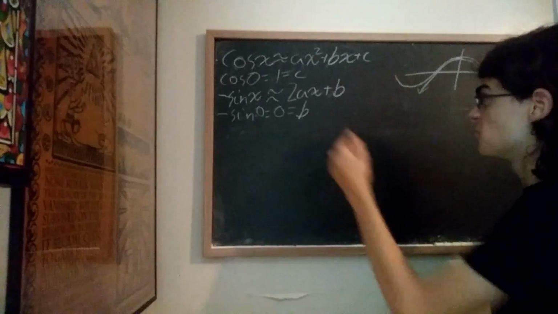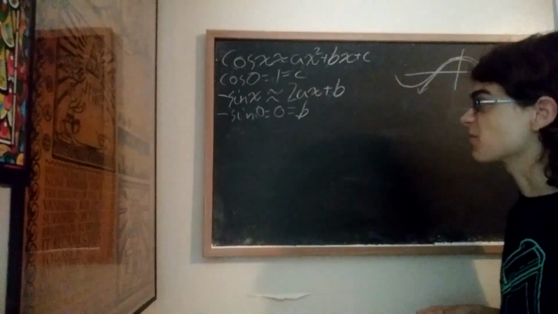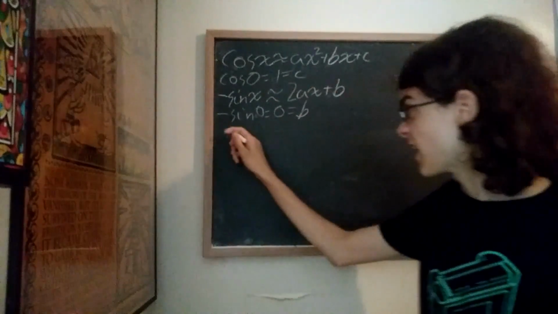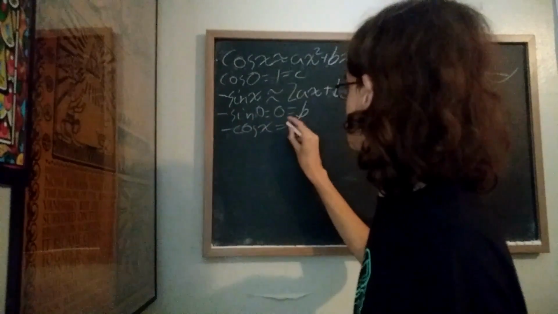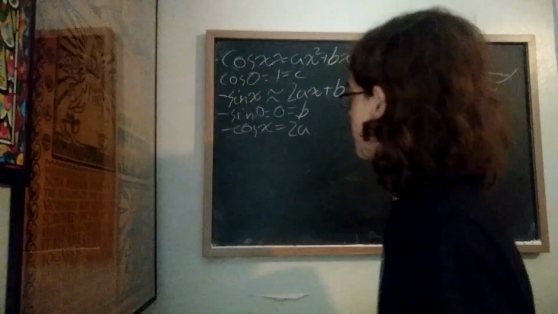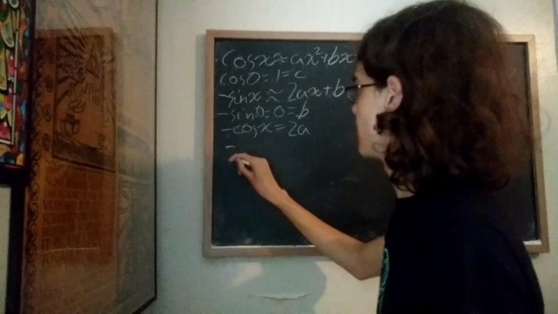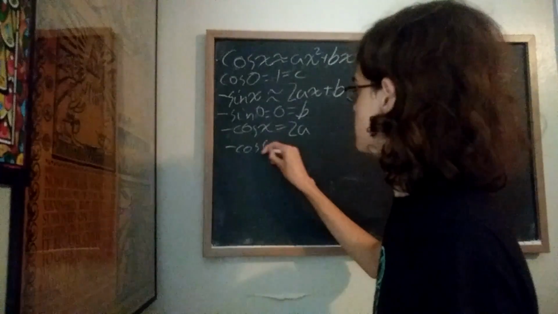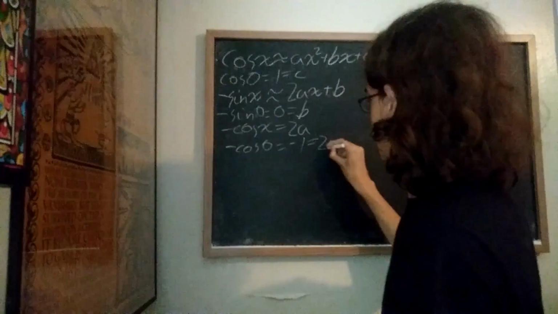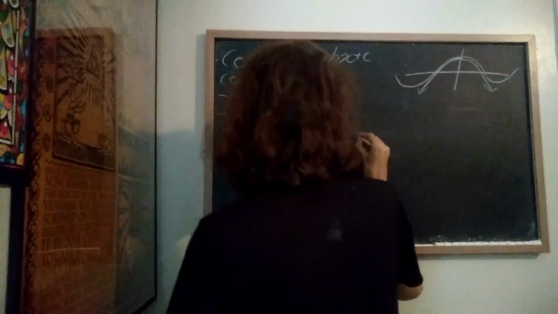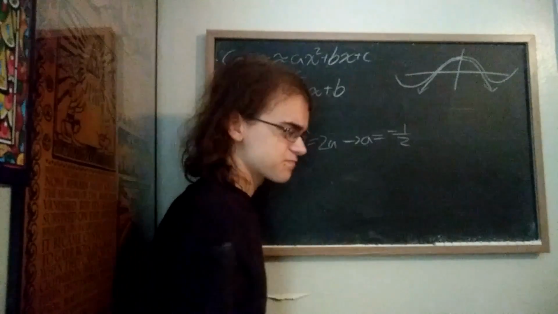And so now we found 2 out of the 3 coefficients, and it should be pretty obvious how we're going to find the third. If we take the derivative again, we get minus cosine x equals 2a. And now we just need to set x equal to 0 again. We get minus cosine of 0 equals minus 1, and that's going to be equal exactly to 2a. So our a coefficient is going to be minus 1 over 2.